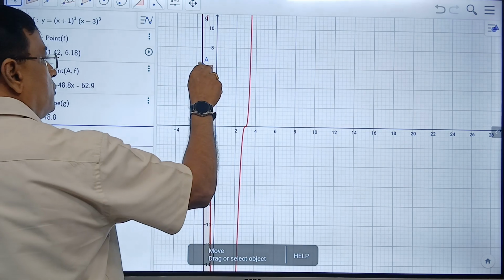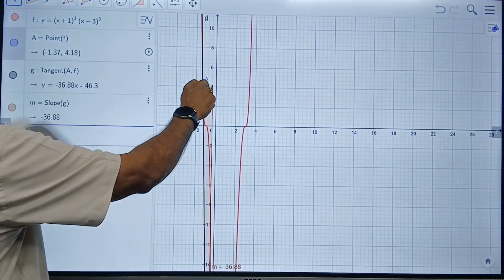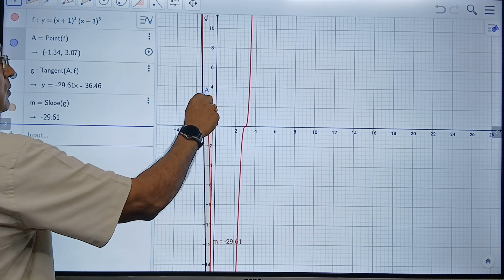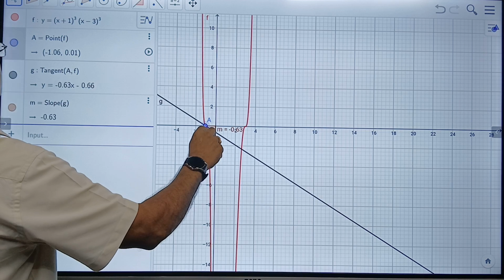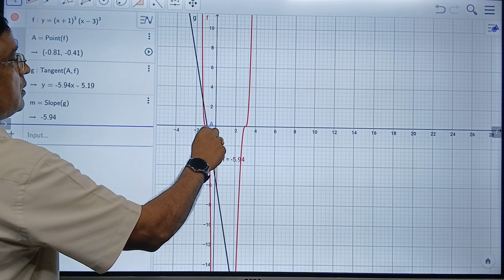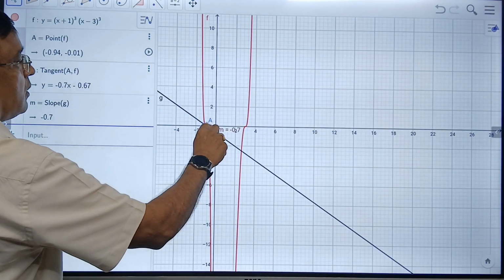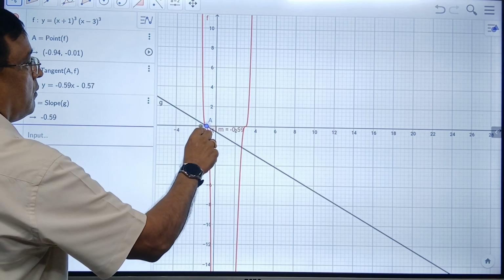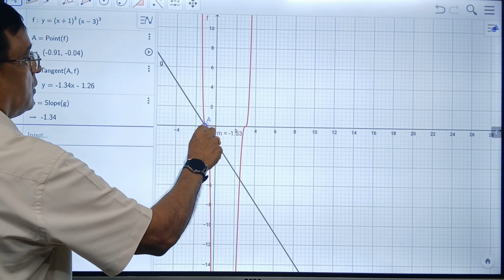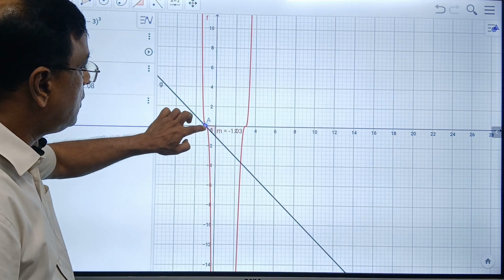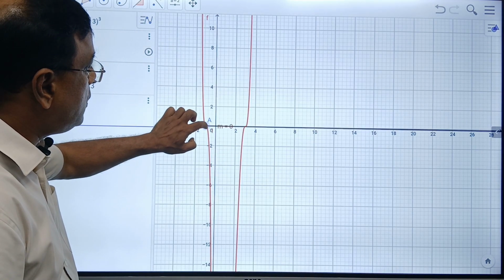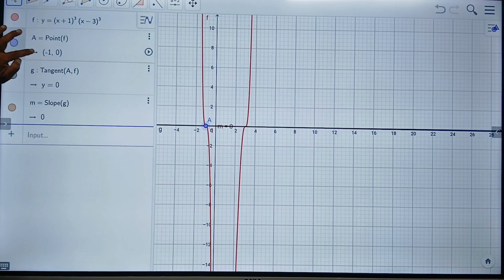So when I move the slope, look at the A value. When I come closer and closer to -1, when I'm at -1, my dy by dx is 0.